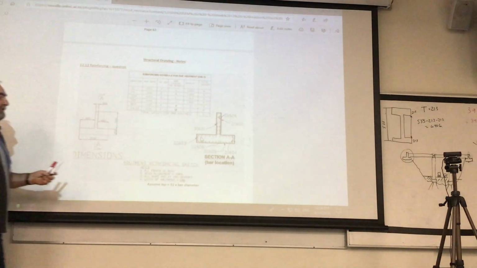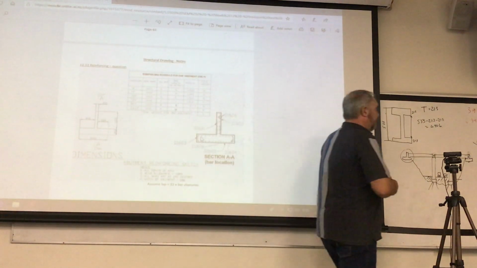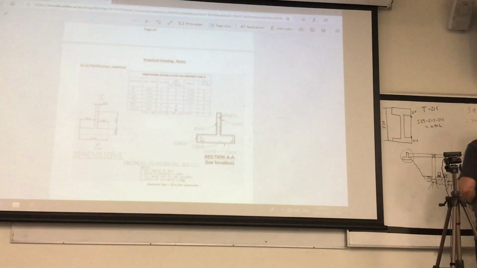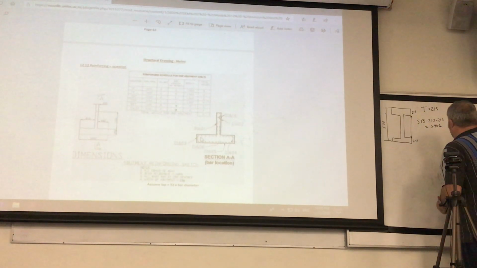Because the sketch is very hard to figure out what's going on, I'm going to draw you a little picture of what's going on over here. It might help some of you figure it out. I'll use colours.